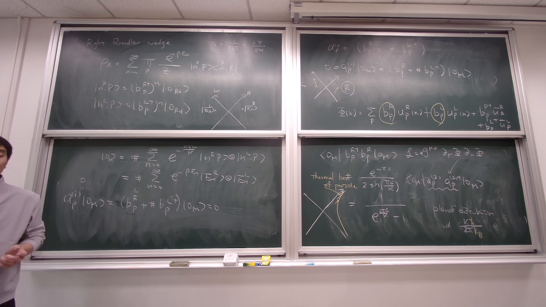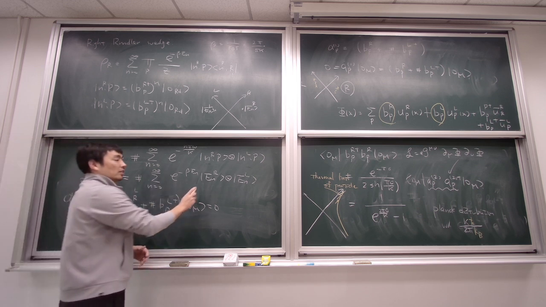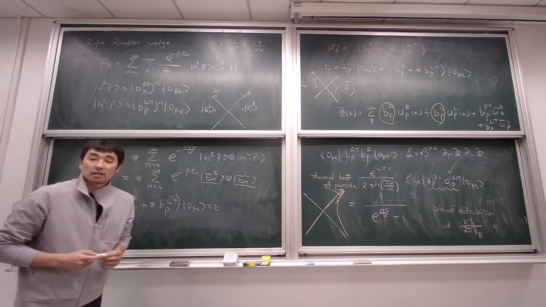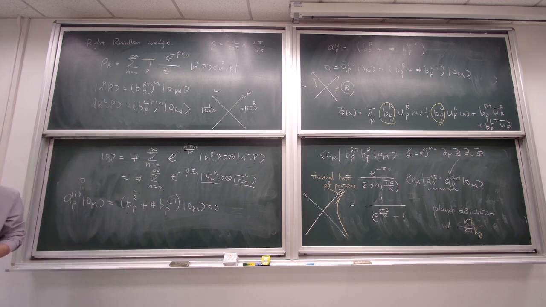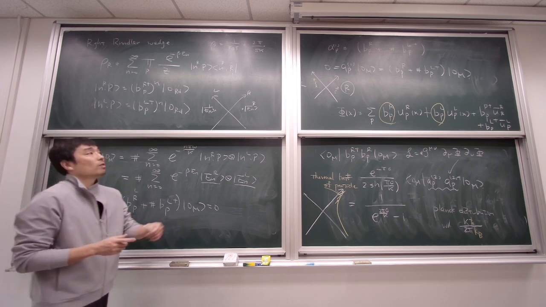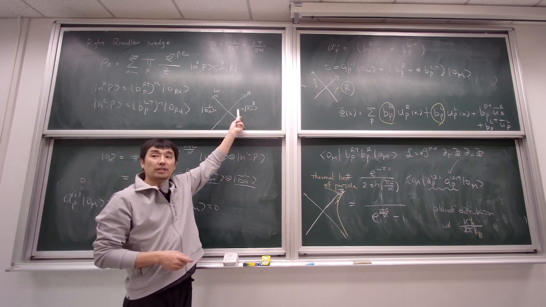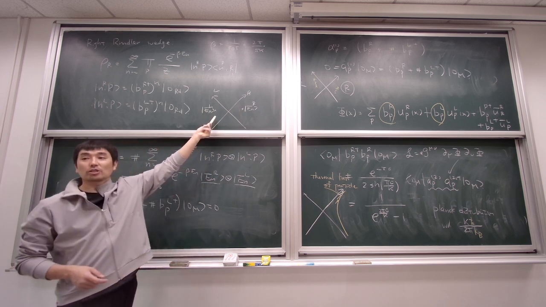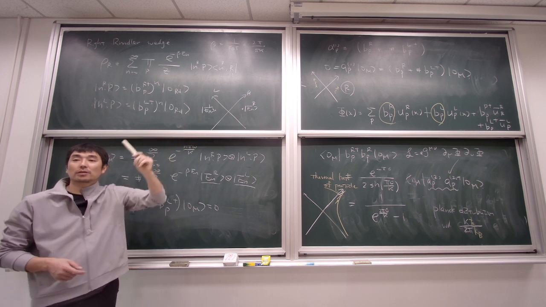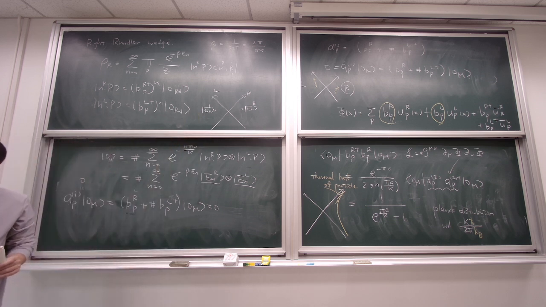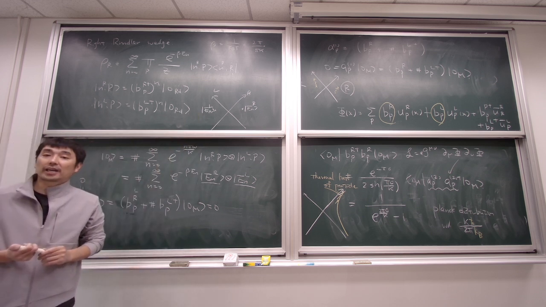It's highly entangled. Once you observe the states in the right Rindler wedge, the same states should be created in the left Rindler wedge. So therefore, the right and left Rindler wedges are highly entangled.